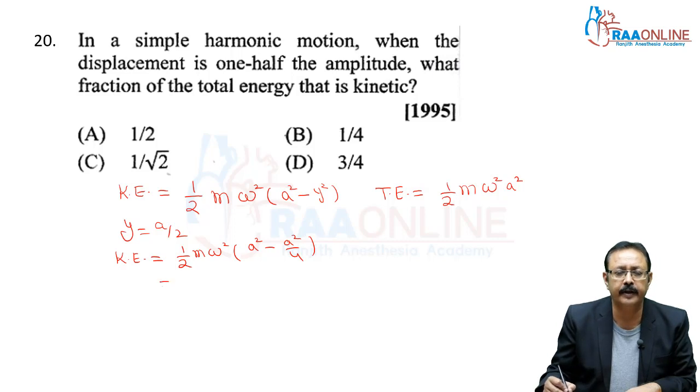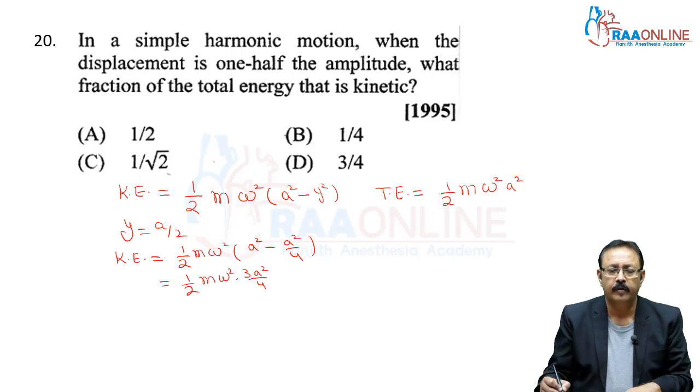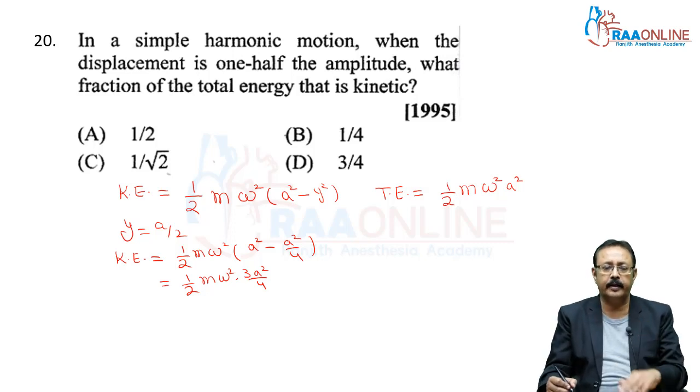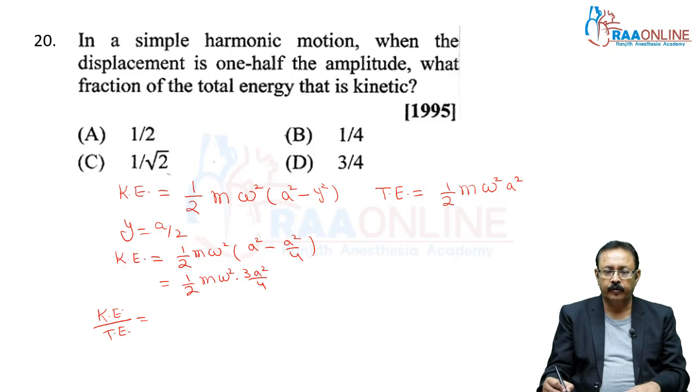So, what we are getting? Half m omega square into 3a square by 4. What fraction it is of total energy? Means we have to divide kinetic energy by total energy. So, what we will get? Half m omega square 3a square by 4 in numerator.